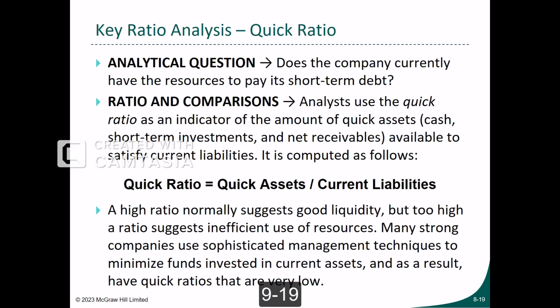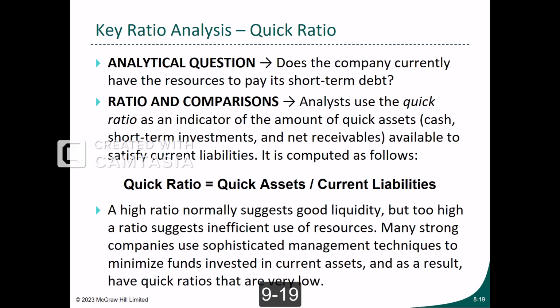So this is the quick ratio, and it shows to which extent the company is able to pay. That's why the word quick, which means quickly, in case all of the current liability becomes required immediately for some reason, how quick are you able to respond to that immediate requirement?